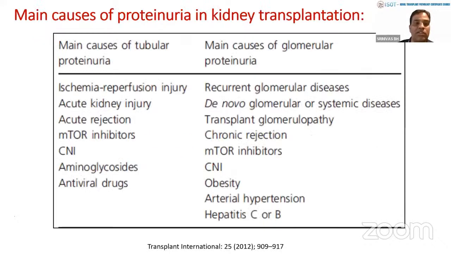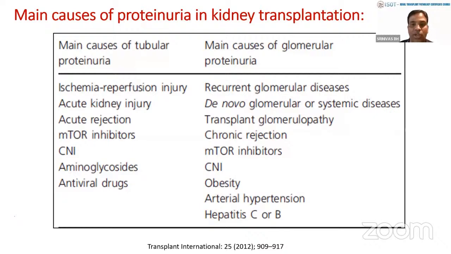So what are the main causes of post-transplant proteinuria? Again, it can be divided into tubular proteinuria as well as glomerular proteinuria in the post-transplant setting. Most causes of proteinuria are tubular, and as I told, it will be a low quantity. The most important causes are ischemia reperfusion injury, acute kidney injury, acute rejection, mTOR inhibitors, CNI toxicity, aminoglycosides, or sometimes antiviral drugs.